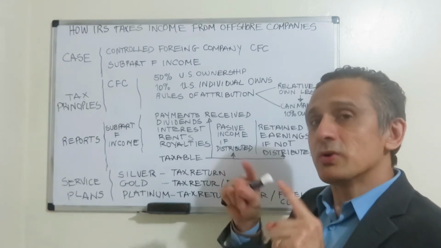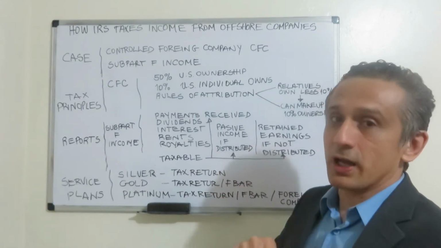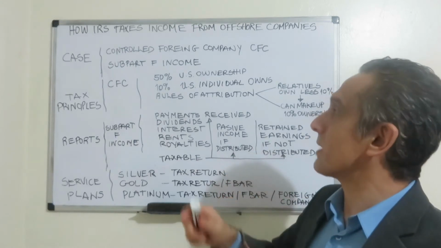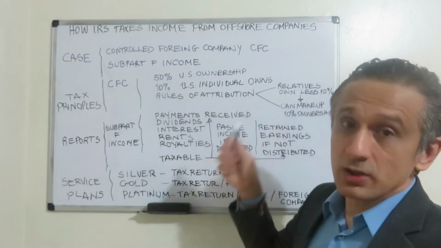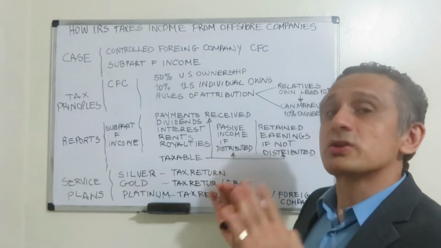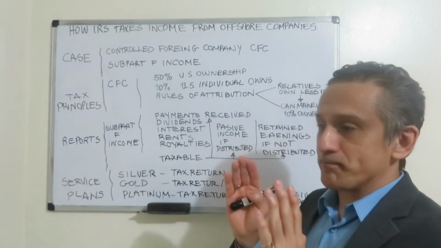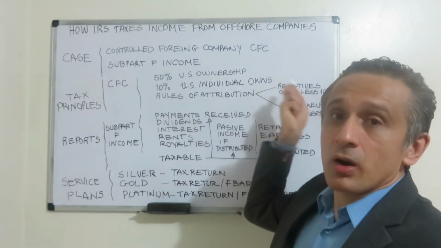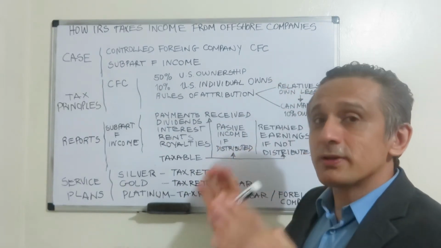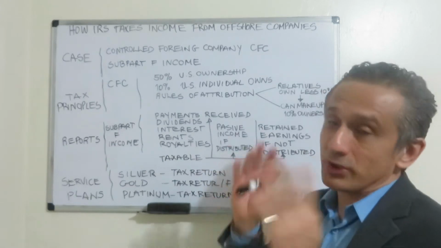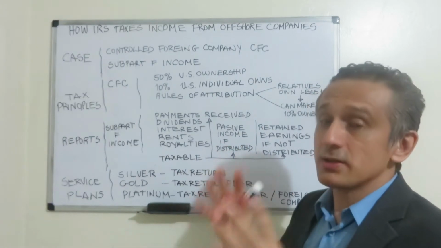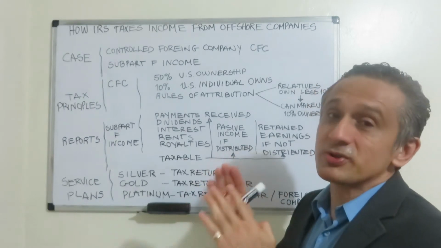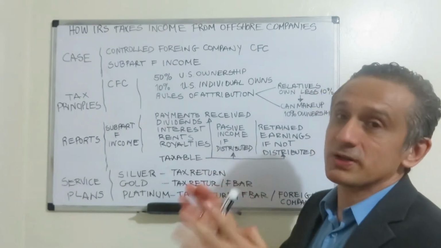But the Internal Revenue Code has anticipated that and created the concept of rules of attribution. The rules of attribution create the concept of the 10% of ownership whenever there are related members of the same family who each own an ownership smaller than 10%.